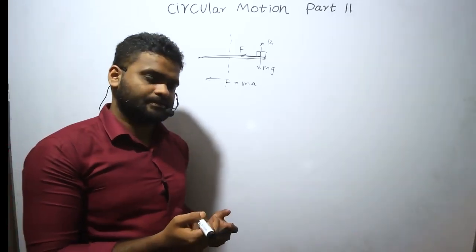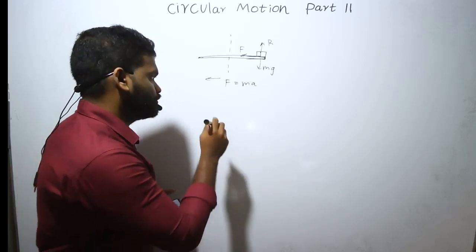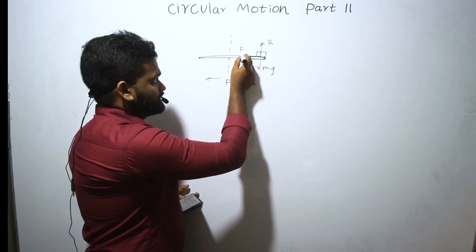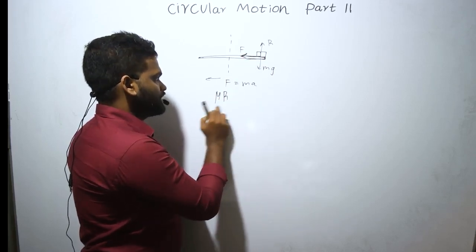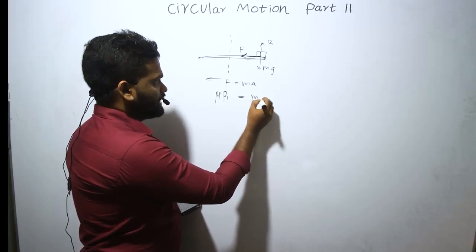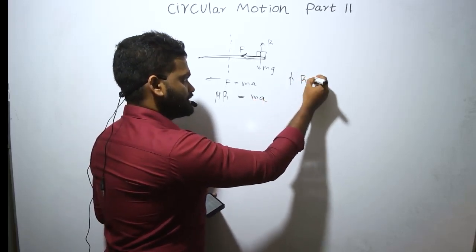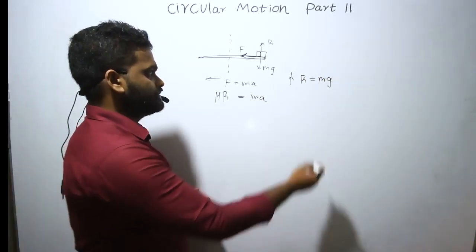It means this also is limiting condition, right? Limiting. So you can apply mu R. So the friction is what causes a centripetal force. So you can apply mu R, limiting, right? So it is equal to ma. Then if you think about vertical equilibrium, R is equal to mg.